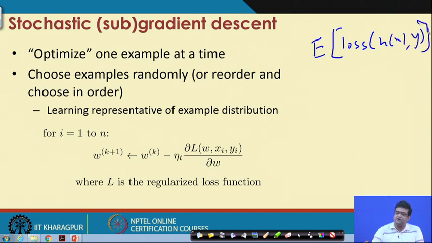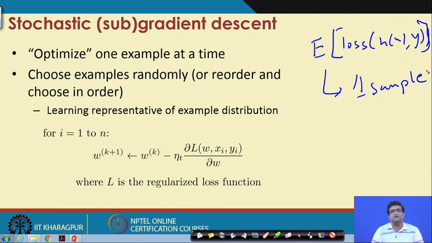Now, it is a question of how many samples you want to take from this expected loss. One simple alternative is you take one sample at a time and minimize. That is what stochastic subgradient descent is.